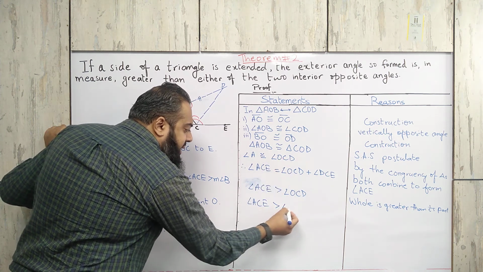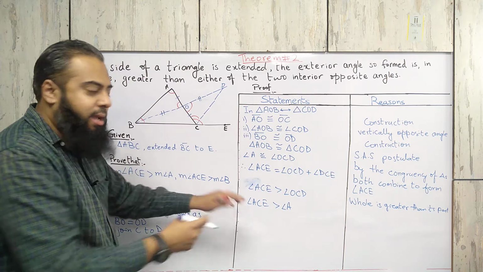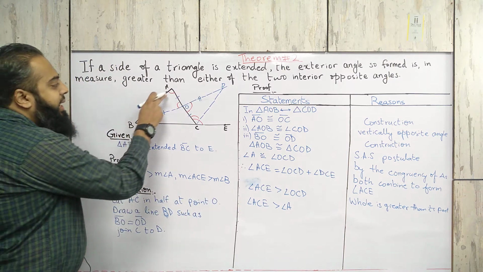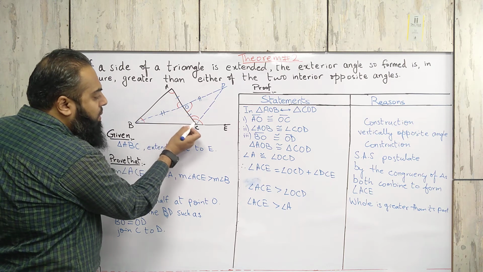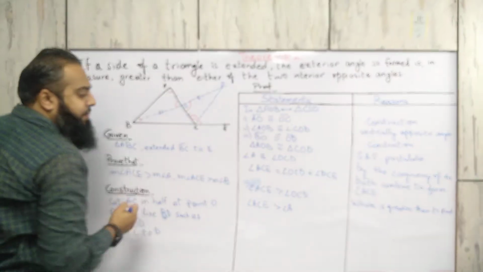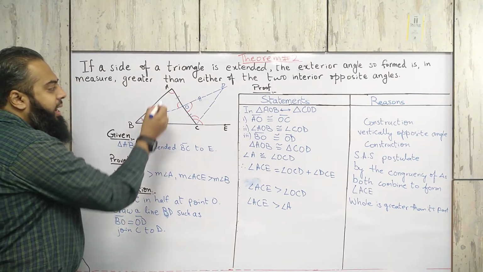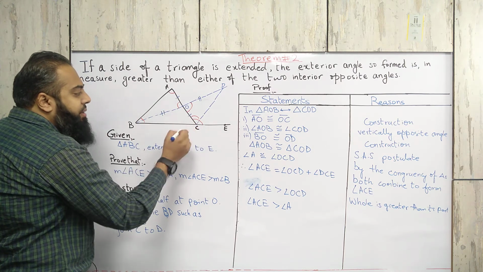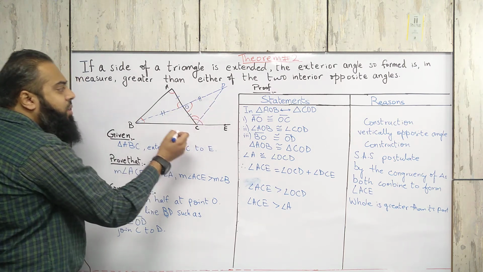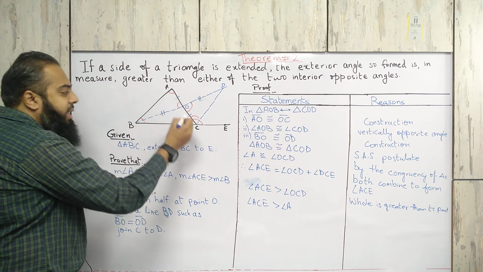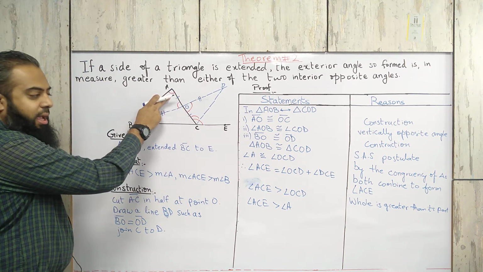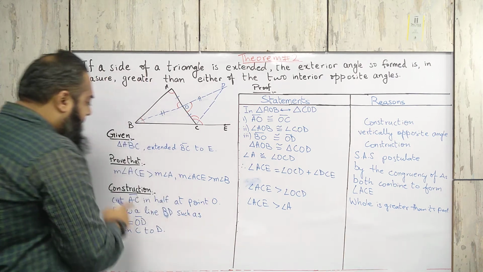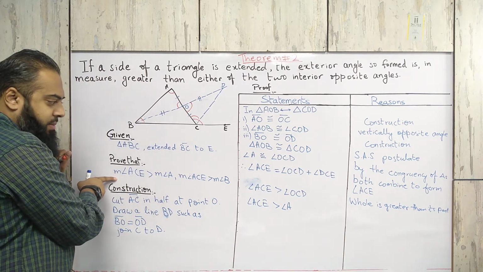Therefore, ACE will be greater than angle A, as angle A is equal to angle OCD. So we will get that angle ACE will also be greater than angle A over here. And that has to be proven.